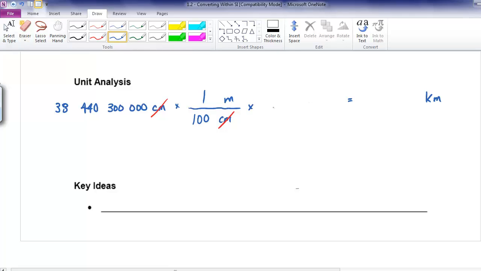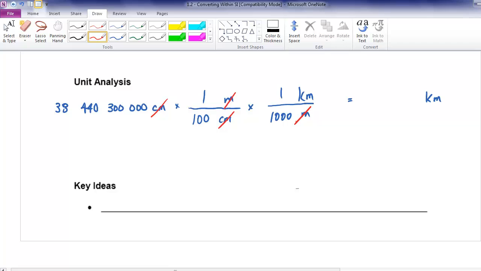So I'm going to have to get rid of meters using another conversion factor. If I want to get rid of meters on the top, I need meters on the bottom. And here's where I do know a nice relationship between meters and kilometers: 1 kilometer has 1,000 meters. And again, with our unit analysis, the meters cancel out. And as we march along and do our multiplication, there's only 1 unit left, and it's the one I want.